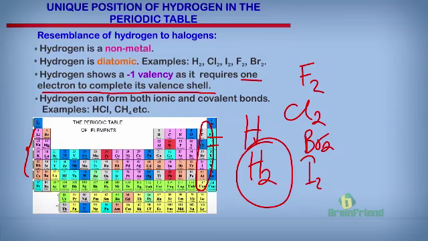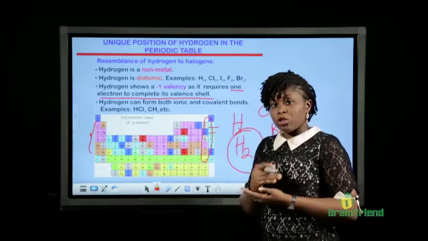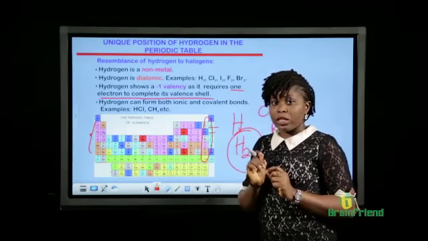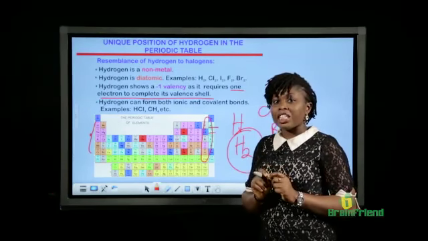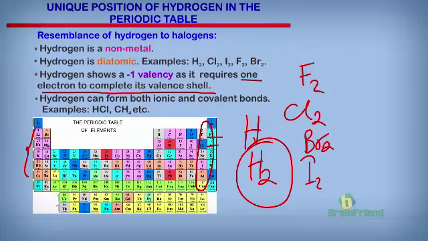Remember that we say that for hydrogen to become a duplex structure, it needs one electron. When it does this, it becomes a hydride ion with a negative valency. Then hydrogen can form both ionic and covalent bonds. For example, in HCl, hydrogen forms an ionic bond here, while in methane, CH4, it forms a covalent bond.